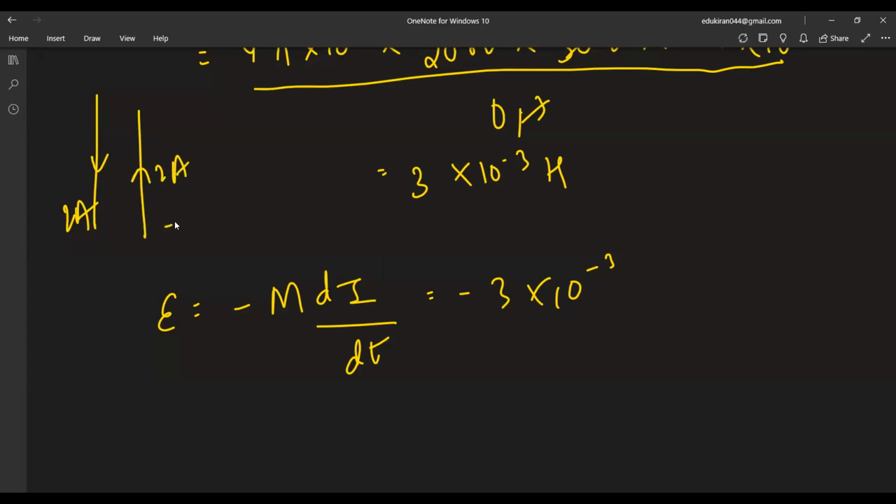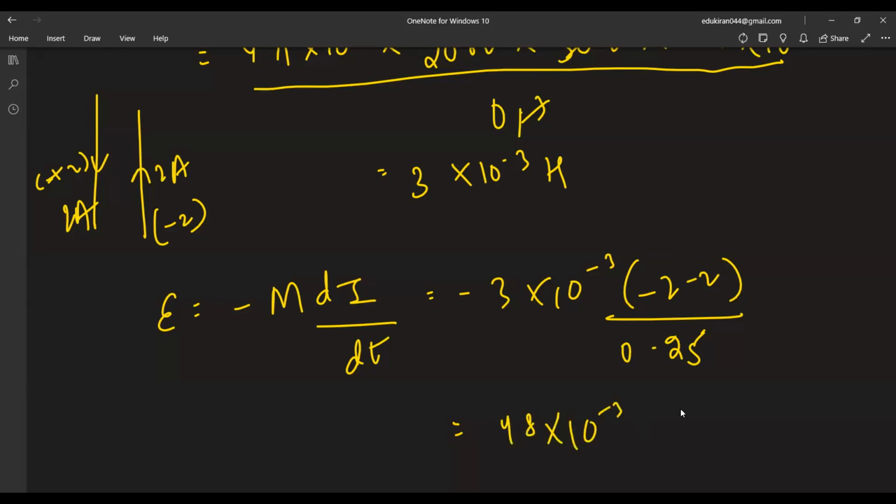So if you are taking it as plus 2, this becomes minus 2 divided by 0.25. So 4, 1 over 4. So this will become 48 into 10 to the power minus 3, or it will be 48 millivolt.